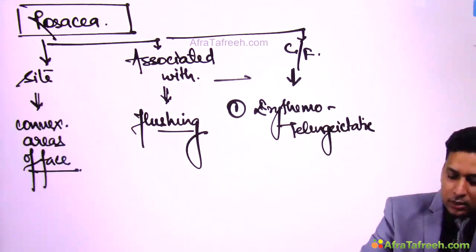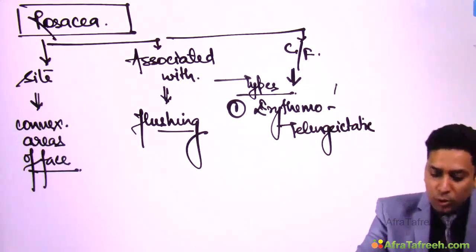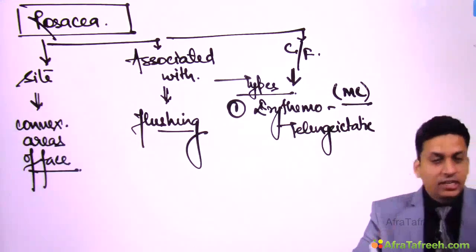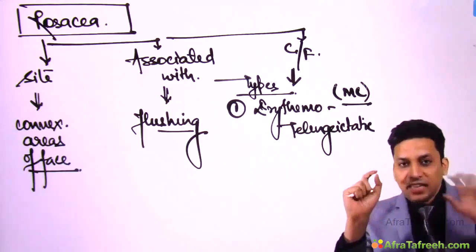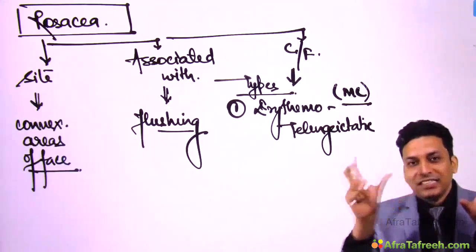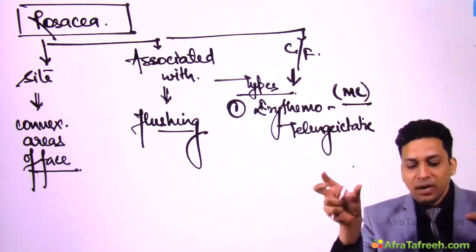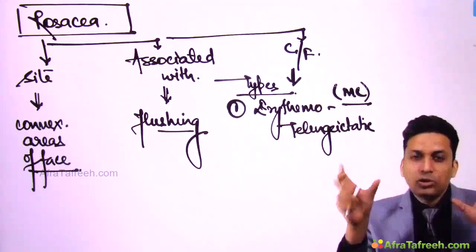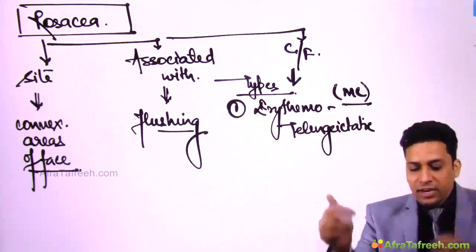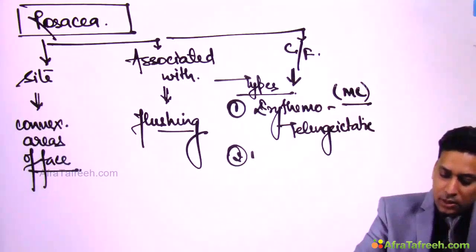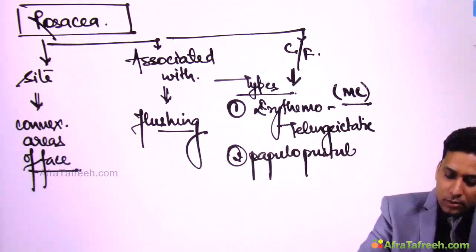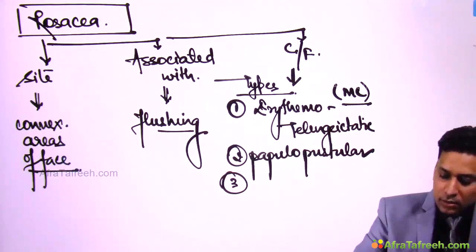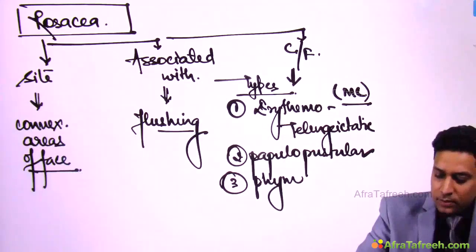See, there are different types of rosacea. Among them, the most common type is erythrotelangiectatic. So clinically, it presents with erythema with telangiectasia, that is the superficial dilated blood vessels. This is the most common presentation which is seen. But there are a few rare types also. One type is papulopustular, then phymatous type.